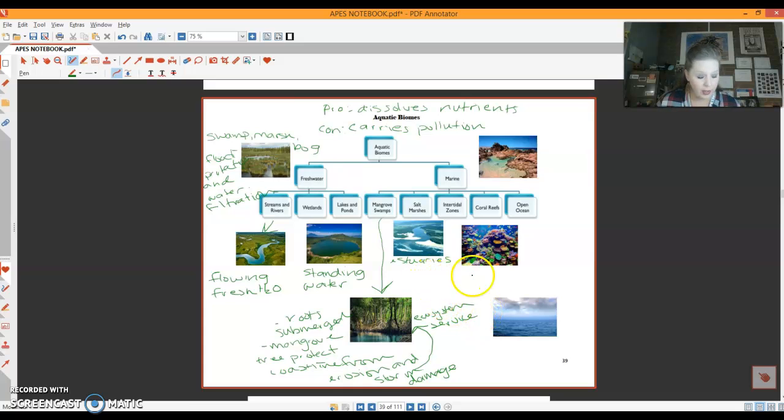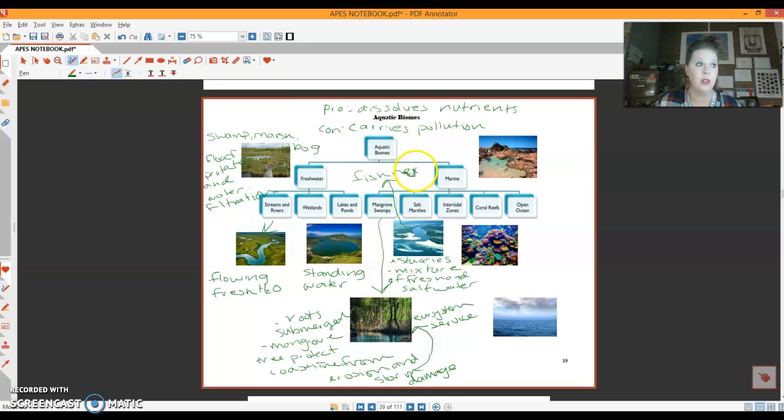Okay, so estuaries, we're going to say it's a mixture of fresh and salt water. And since I ran out of room, I'm going to go up here. These are fish nurseries.